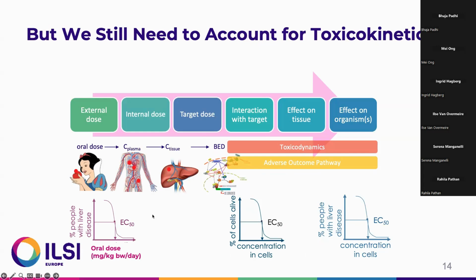So what we need to understand is how we go from an external dose to an internal dose, like a plasma concentration, to a target dose. And if you really pull that all the way through, you would want to have a concentration that's inside the cell where the effect is occurring. So that's the biologically effective dose.